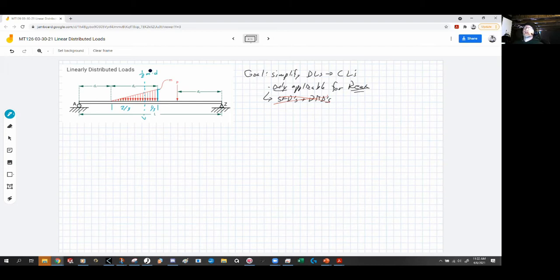So in this case, if I make D1 equal to 2 meters, D2 equal to 3 meters, I'm going to make it nice and easy for us here, and D3 equal to 4 meters, and L equal to 10 meters.